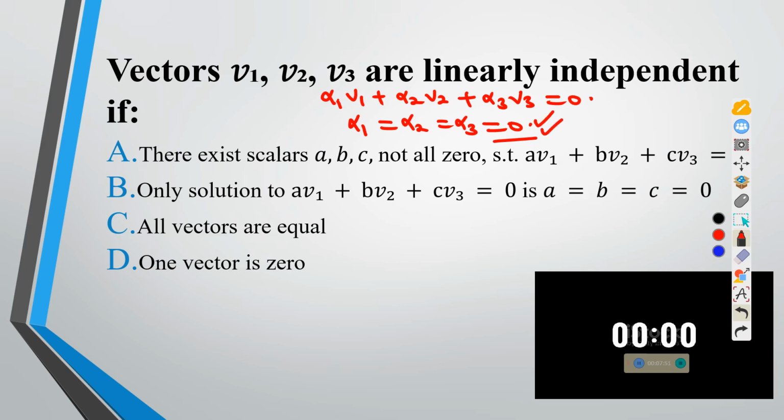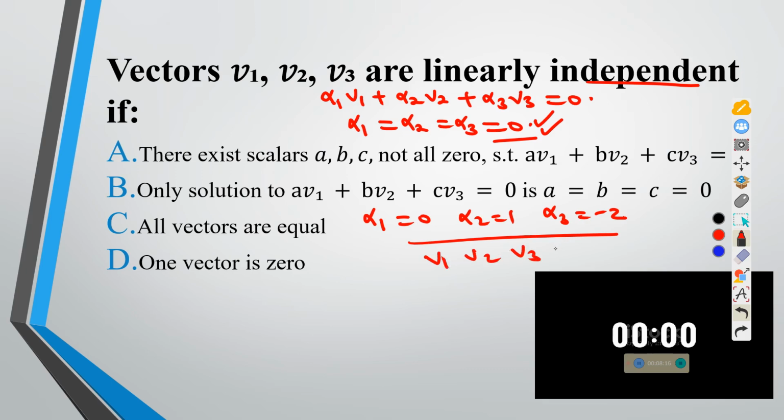If you have this, then the vectors v1, v2, and v3 are linearly independent. However, if maybe alpha 1 is 0, alpha 2 is 1, and alpha 3 is negative 2, and you solve this expression and obtain this, it means the vectors v1, v2, and v3 are actually linearly dependent.